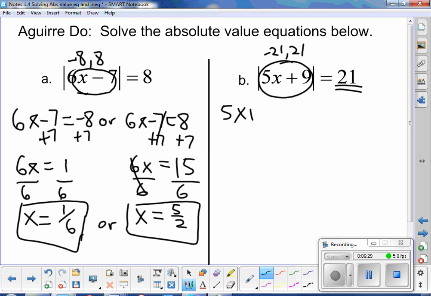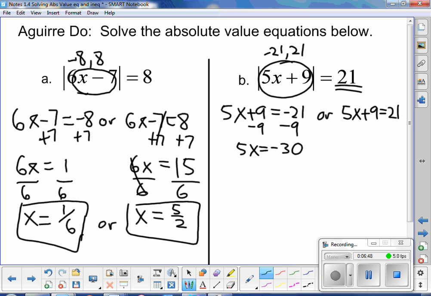It's going to be 5x plus 9 equals negative 21, or 5x plus 9 equals positive 21. The next thing is we're going to subtract 9. 5x is equal to negative 30. Then we're going to divide by 5. So x is going to be equal to negative 6.